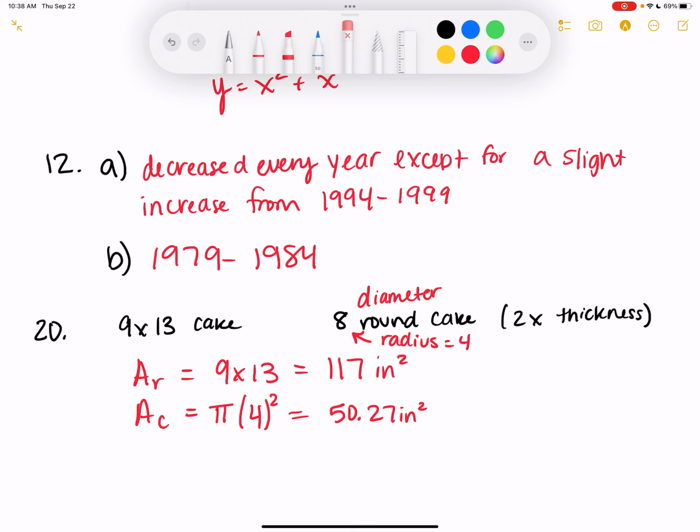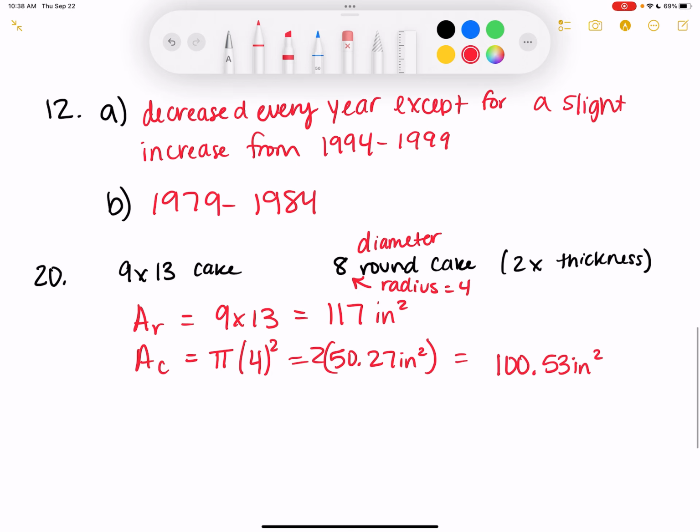It's thicker. It's 2 times the thickness. We've got to take that and multiply it by 2. 100.53 inches squared. So, which cake is the best cake for the money? The rectangular. Wow, after all that, the round cake lost.